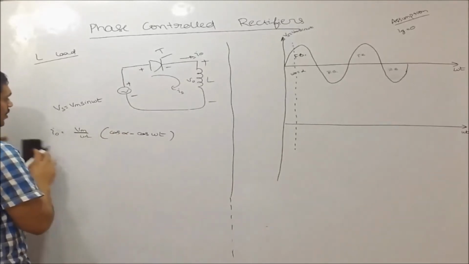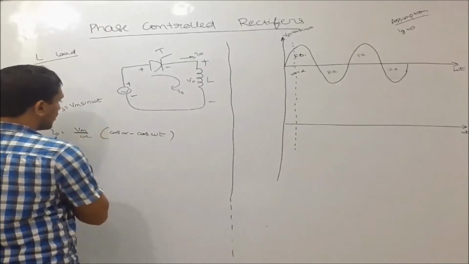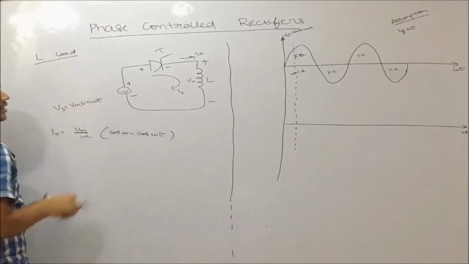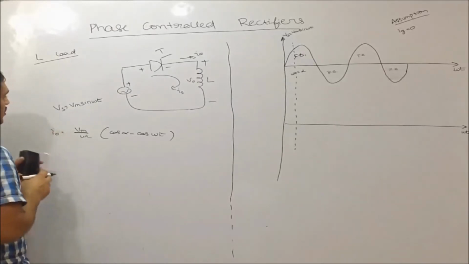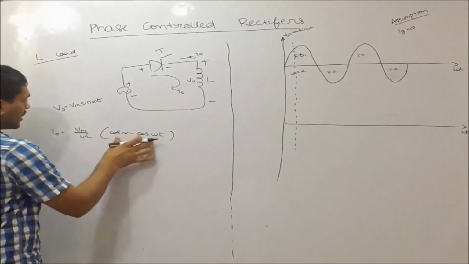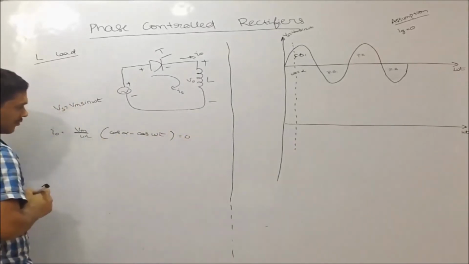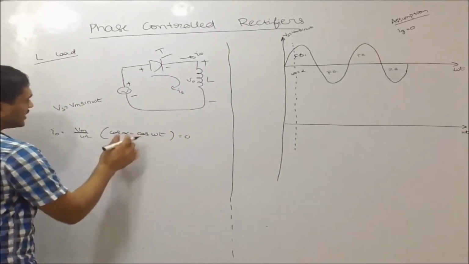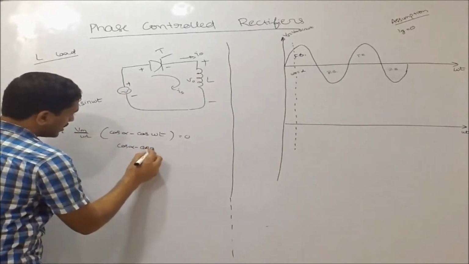Now we want to find out up to what time this I naught is flowing in the circuit. We have to find when the I naught becomes 0, meaning we are equating this to 0. Here it is like cos alpha minus cos beta equal to 0.